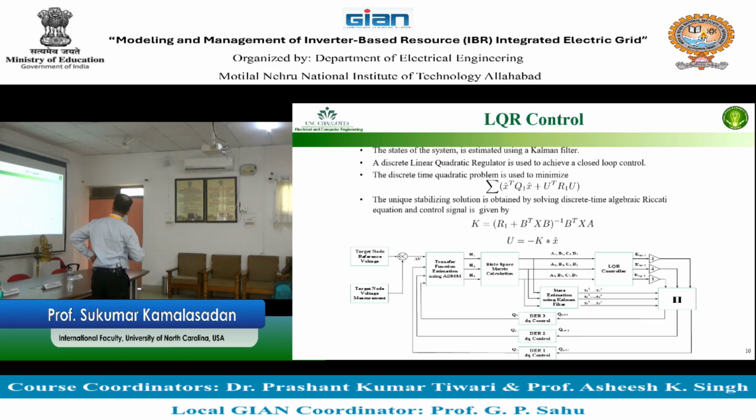The target node may be in another place. Where is the reference node? The reference node you create, or it can be another place. A controller may be sitting on it. So this delta V will use some communication infrastructure to reach the control architecture, and that set point will go through some communication infrastructure to the inverter, if you are using communication infrastructure. Otherwise, you have to do some local management for that.